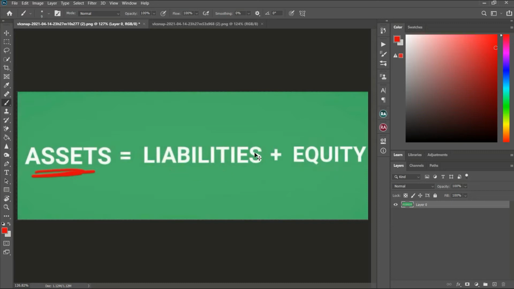Let's say you want to open a salon business. You did your estimation, everything, and you realized that to be able to open that salon business, you need to spend an amount of 5,000 Ghana cedis.